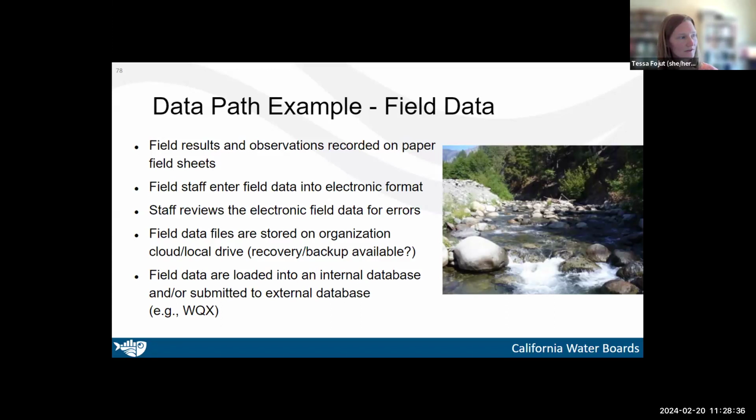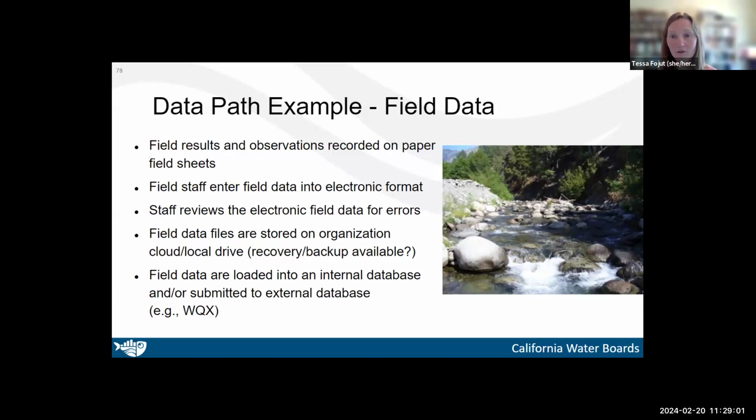Then those are stored maybe on your local computer or your cloud, and do you have a backup for that? Can you recover that if your server goes down or something? And then for your field data, maybe you have an internal database, maybe you're submitting to an external database like EPA's WQX, or we have the water boards' CDIN database.